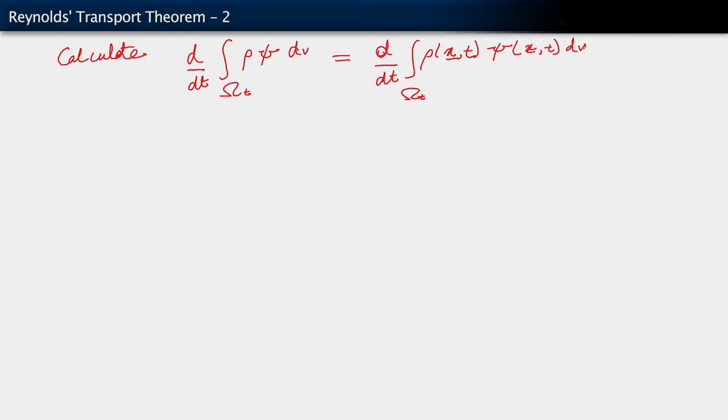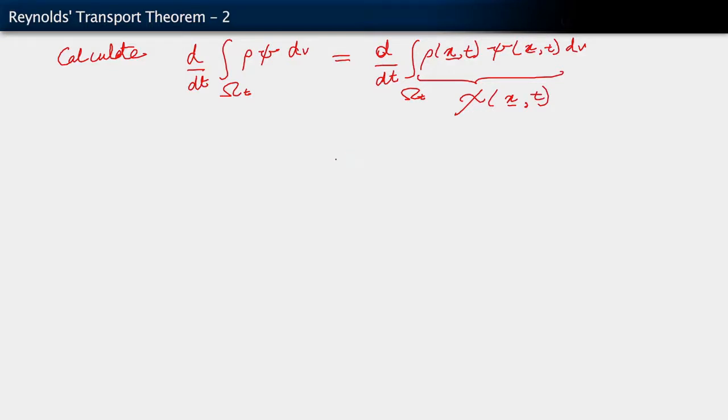But if you look at that, you observe that there is actually nothing to do here because we already know the result. Simply observe that this product itself is some other field, let's call it chi of x comma t. So we can just apply our result from the Reynolds transport theorem.